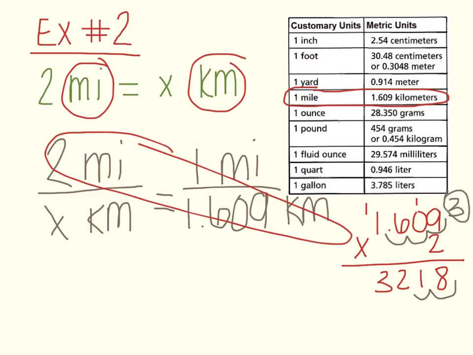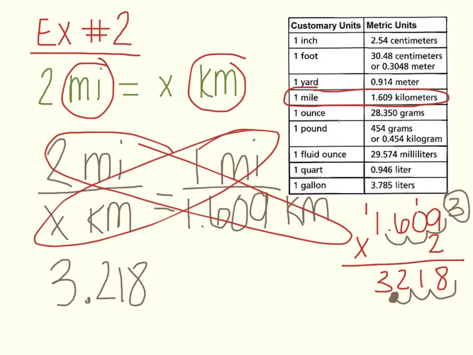So we move it that many places in our answer. So we have 3.218 equals 1 times X, which is X. So if we go back up to our original problem, 2 miles equals 3.218 kilometers.